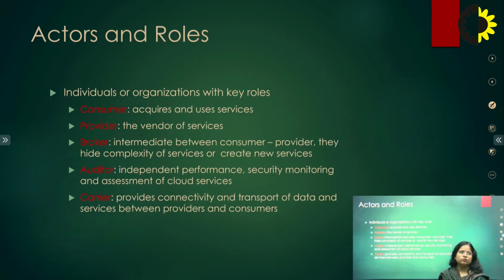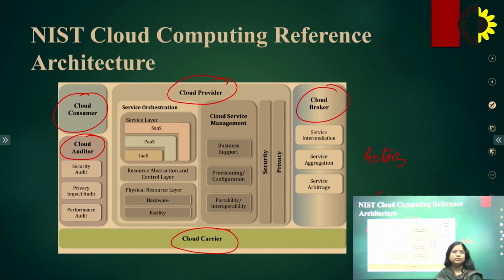You can see here, these are the 5 main components of the cloud computing reference architecture: consumer, cloud provider, cloud broker, auditor, and carrier. With the help of these 5 actors, this architecture is designed.